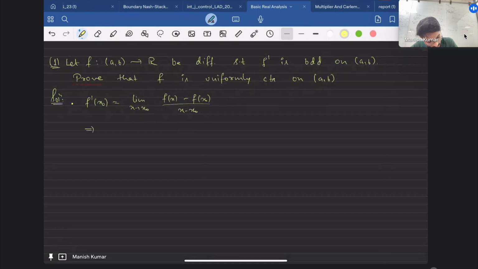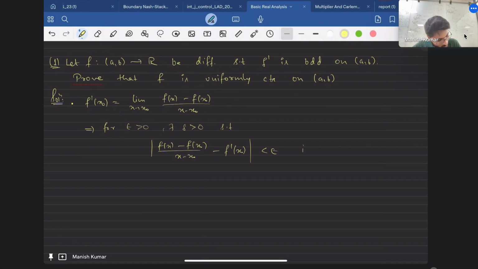So this would tell you that this difference is less than epsilon if 0 is less than |x minus x naught| less than delta, right?